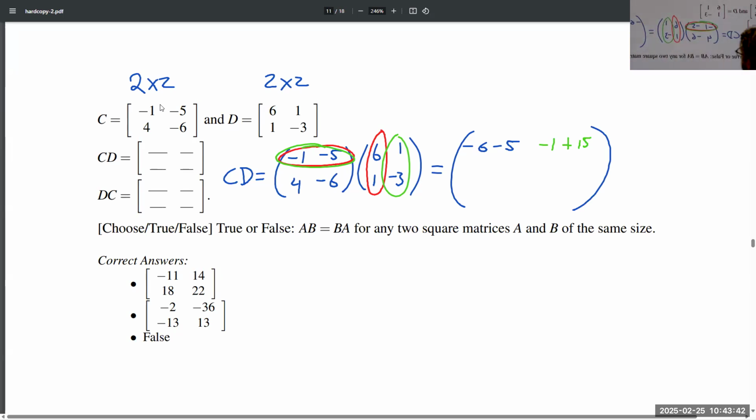Okay. Now, this entry that I'm finding is second row, first column. So that's 4 times 6, and that's -6 times 1, and we'll find that's 18.